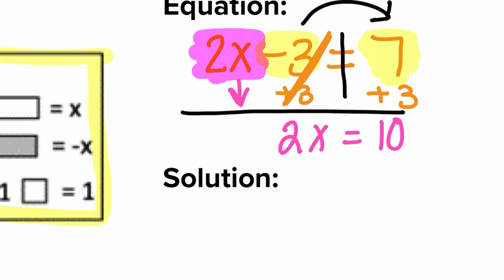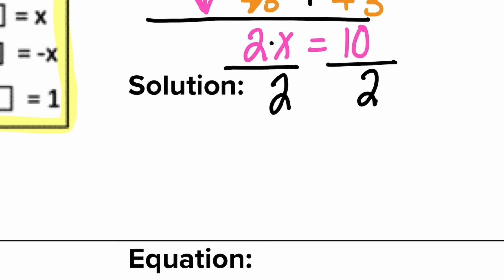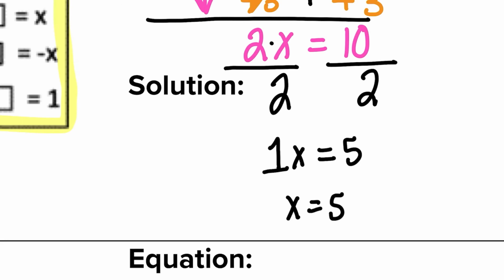And the last thing is, I noticed that the 2 and the x are being multiplied, so the inverse operation is to divide. So 2 divided by one number will give us a coefficient of 1. Well, that would be 2. So 2x divided by 2, that's just 1x, equals 10 divided by 2, 5. Or x equals 5. Either one of them is correct.